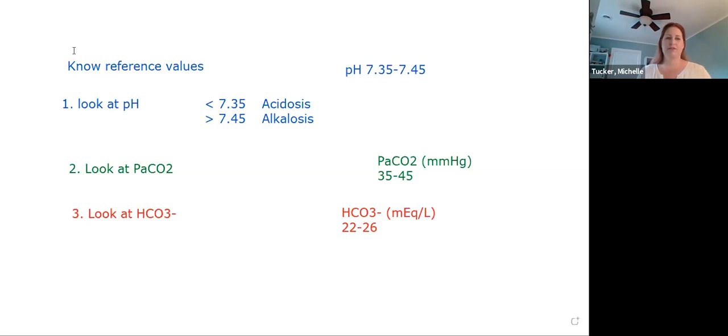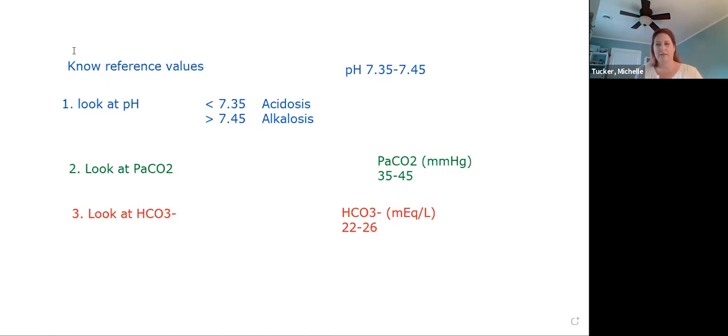So know your reference values. Before you do exam 3B, I would have a piece of scratch paper, because sometimes it's easier to figure things out when you have that piece of paper.